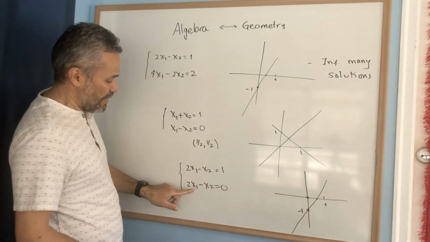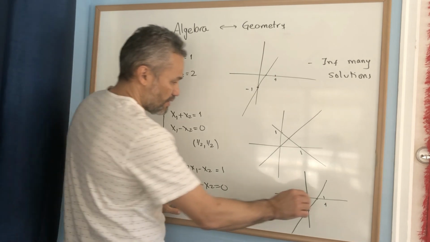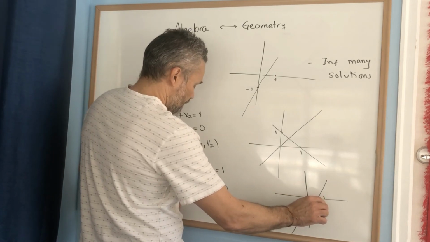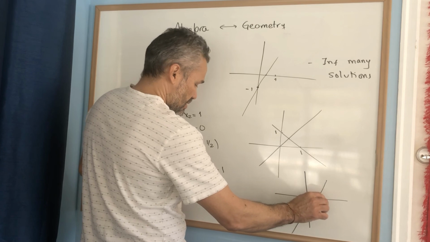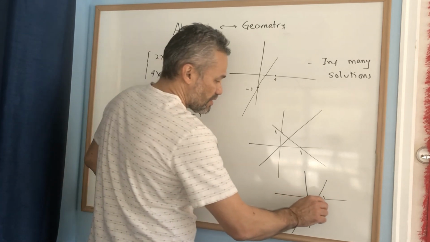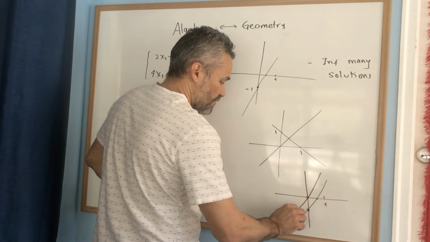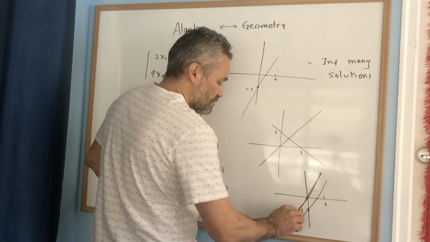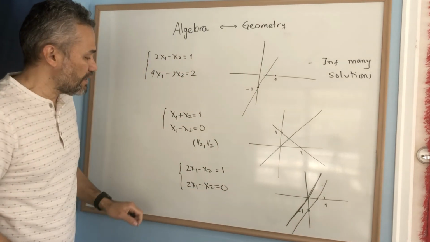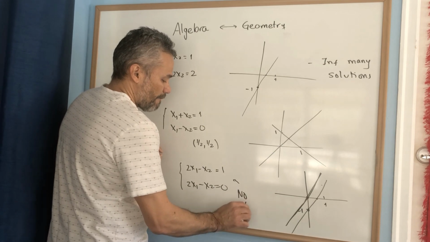And we can check that when x1 is 1, x2 is 2. Then we have a point 1, 2. We have this line. And we can check that these two lines are parallel. Then in this case, we have no solution.